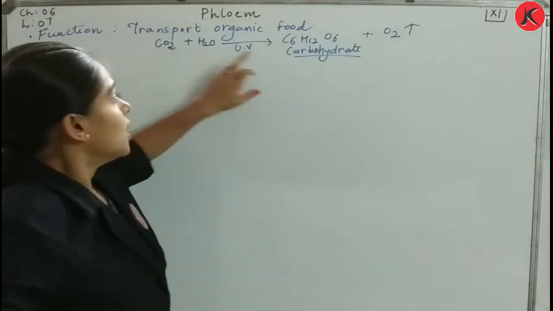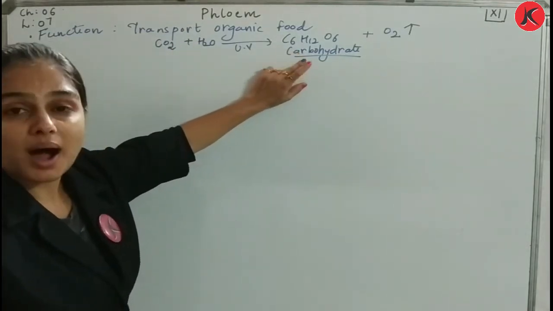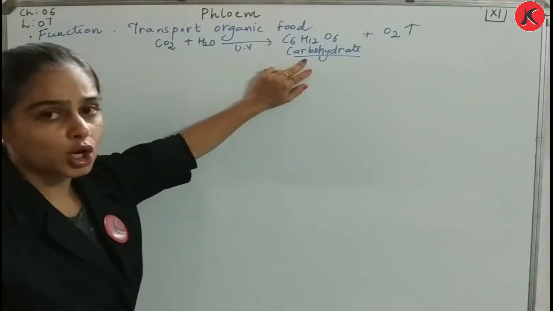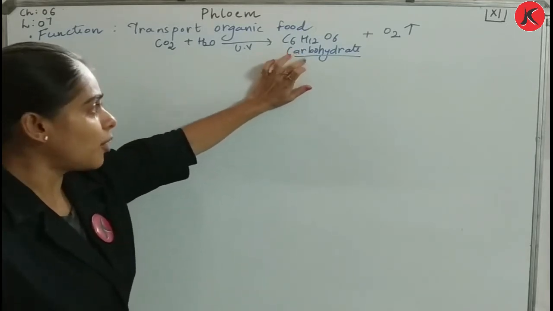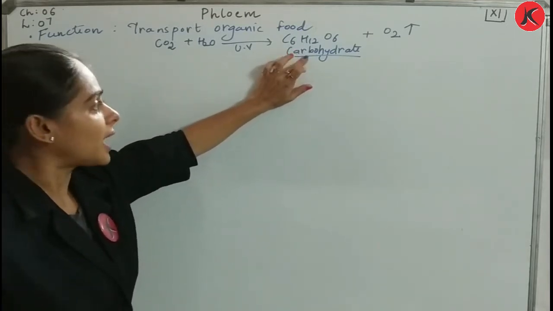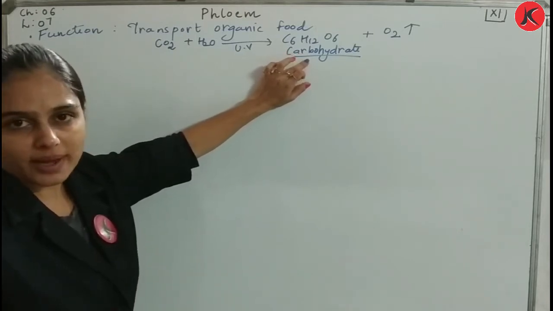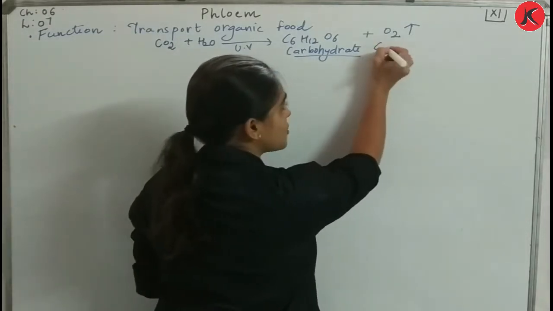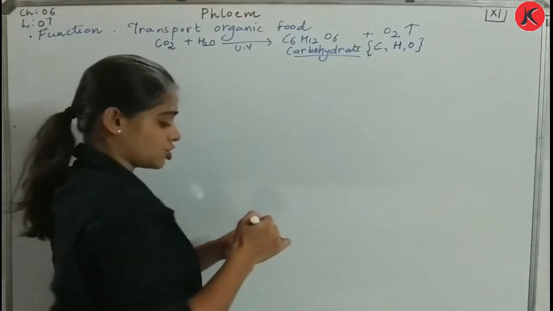So, the carbohydrate which is prepared by leaves, specifically the chloroplasts in leaves have chlorophyll pigment, right? And with the help of this pigment, food is made as an organic food. Am I clear? What does organic mean? The compound which is made up of carbon, hydrogen and oxygen.